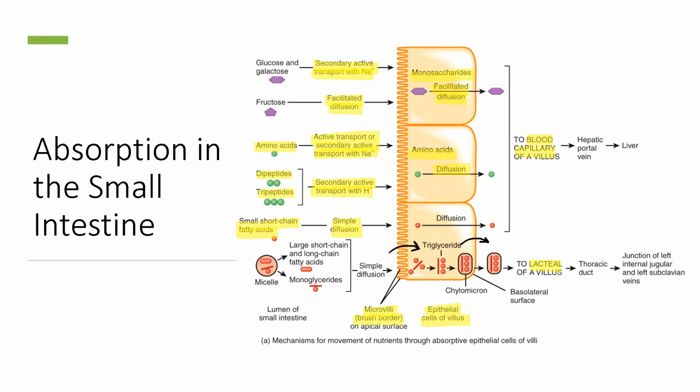So these are able to dissolve in the watery intestinal chyme and pass through the absorptive cells by simple diffusion. Essentially, they're able to follow the same route that is taken by the monosaccharides and amino acids into the blood capillary.